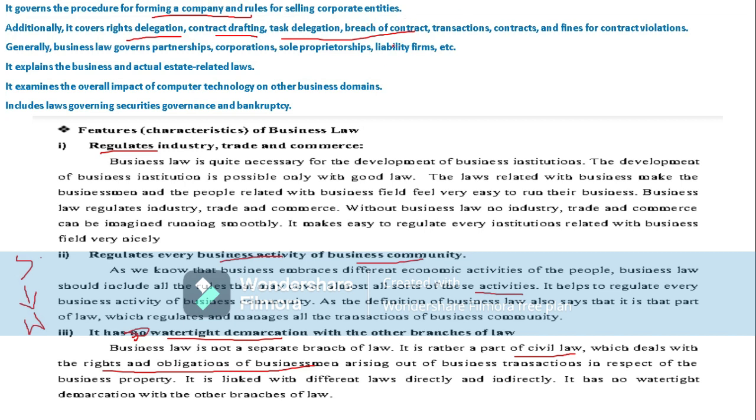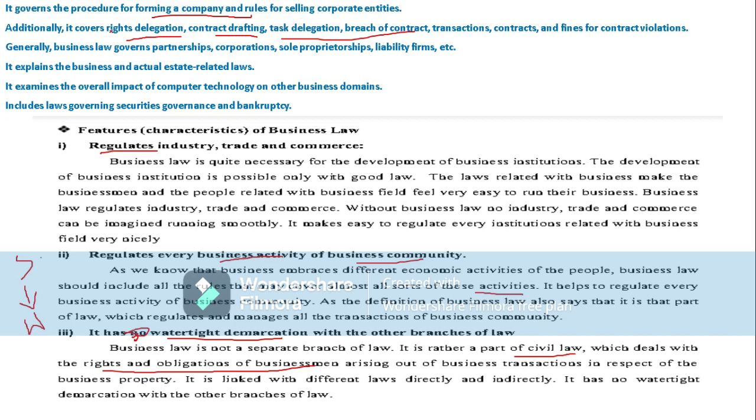For that breach of contract, there will be loss. Likewise, for transactions and contracts, there will be certain laws. For breach of contract, meaning violation of laws regarding the agreement, okay. So for each and everything, business laws are there.